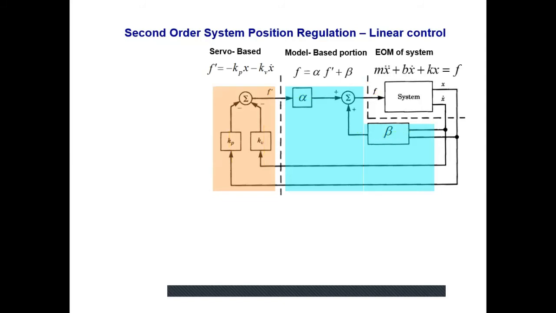The equation of motion of the system is m x double dot plus B x dot plus K x is equal to the externally applied force F. So the closed loop dynamics of the system will be m x double dot plus B x dot plus K x is equal to alpha f dash plus beta, where f dash is given in this expression.